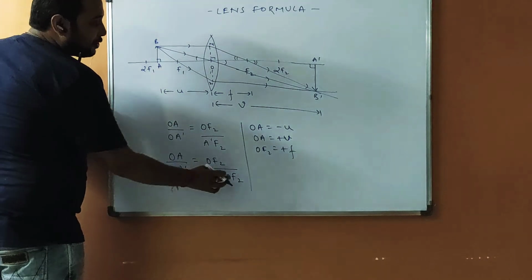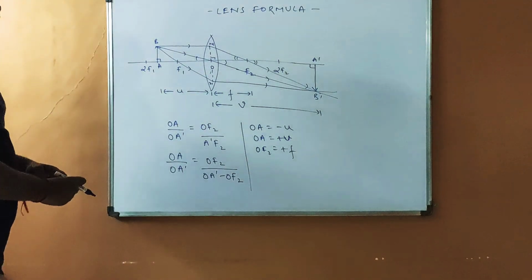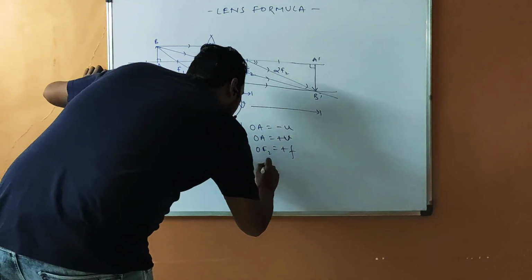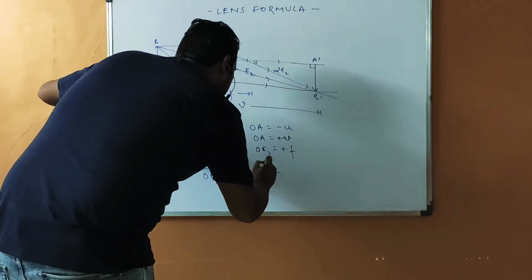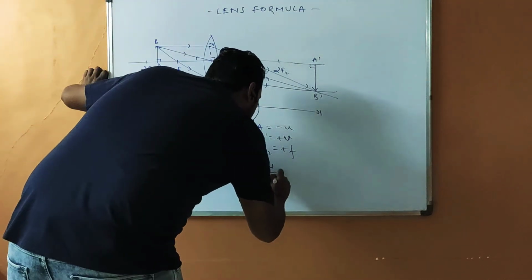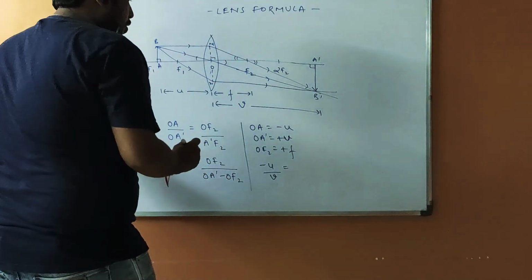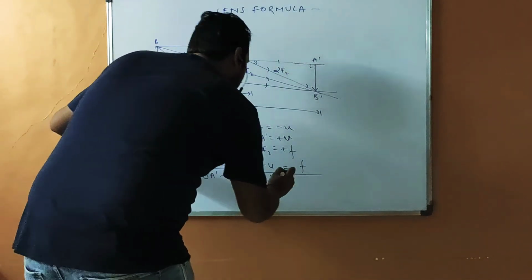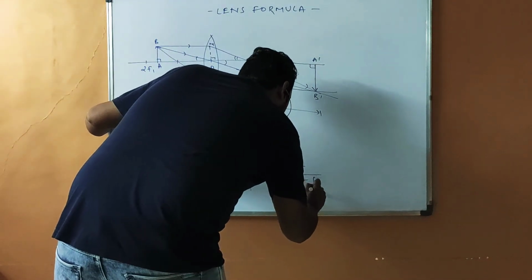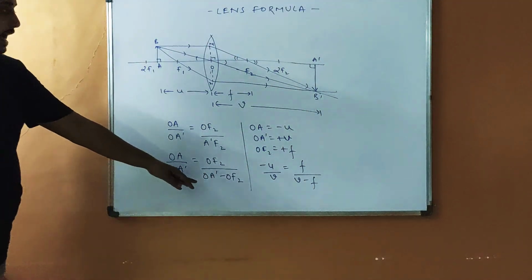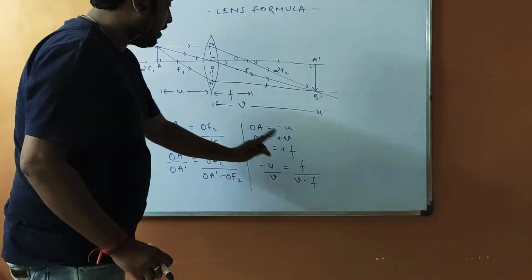Putting these values in: minus u upon v equals f upon v minus f.